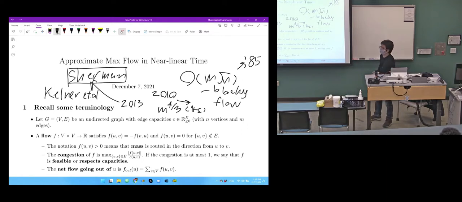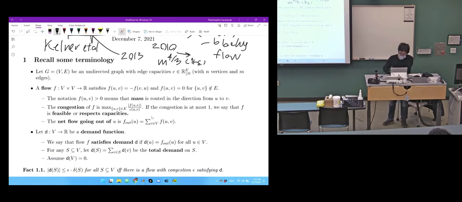The presentation of the paper by Sherman was actually hard to read. Even until now, I think very few people understand it. But given that you have learned everything in this class, you will see that this actually can be understood, and it's not too hard to present.